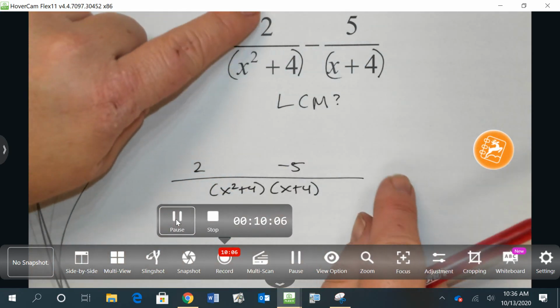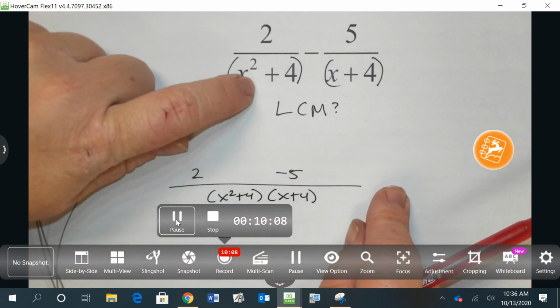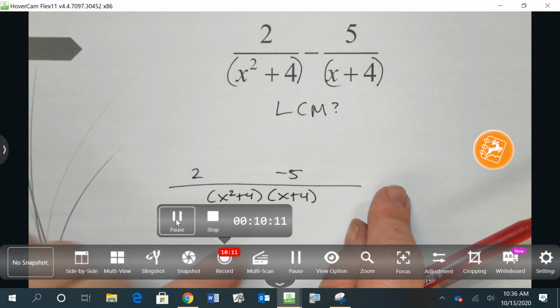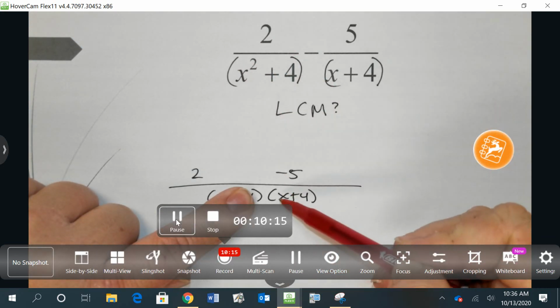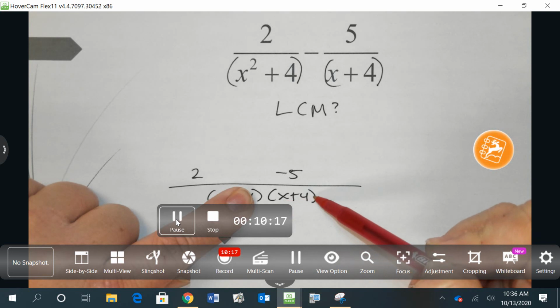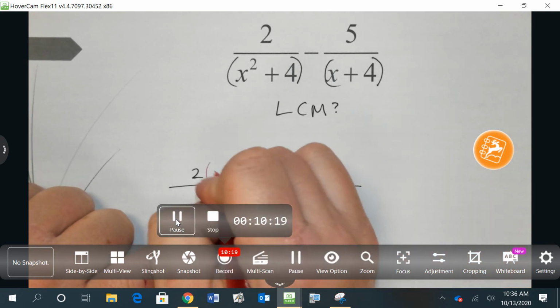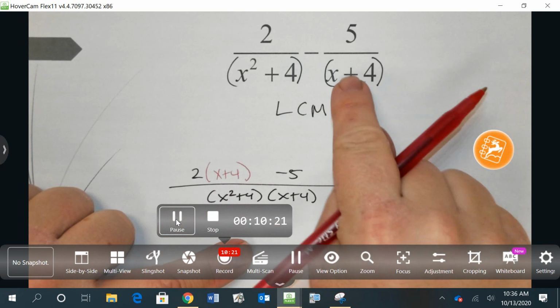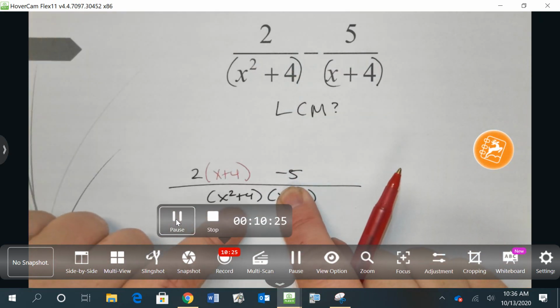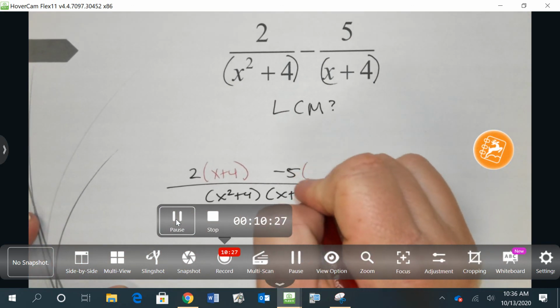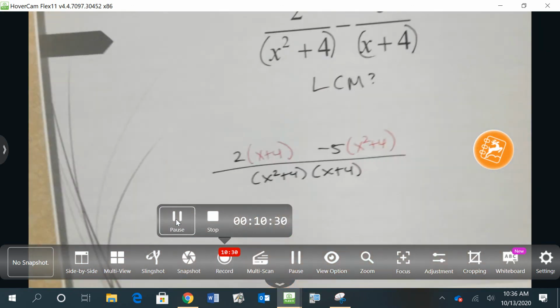So if I look at the left-hand side, I'm going to cover up x squared plus 4 down below, and I can see that this denominator is missing an x plus 4 to have a good common denominator. So over here, I need to attach the x plus 4. And likewise, this has an x plus 4, but it's missing the x squared plus 4. So attached to the negative 5 is an x squared plus 4.